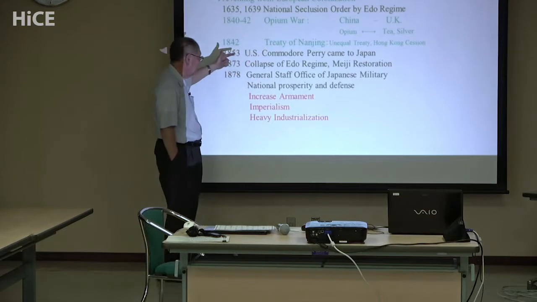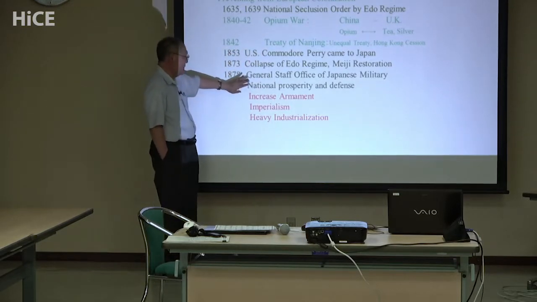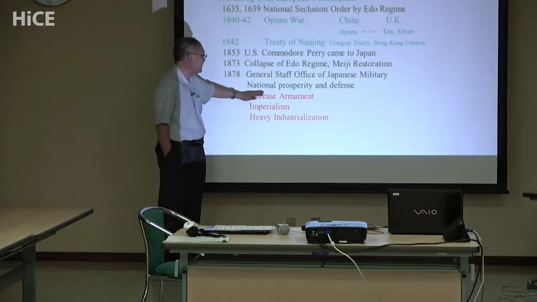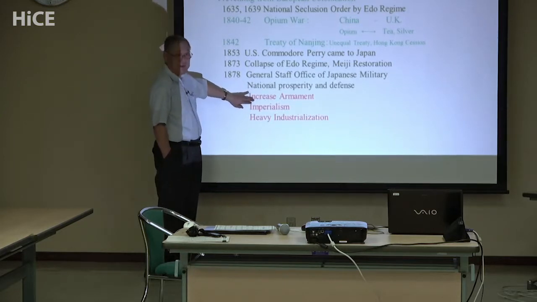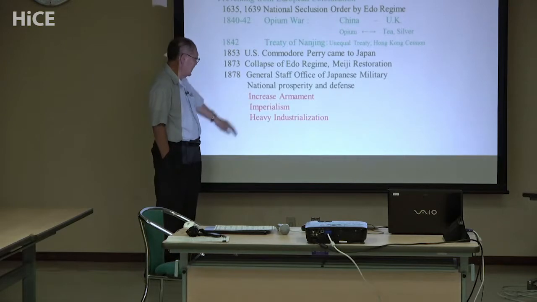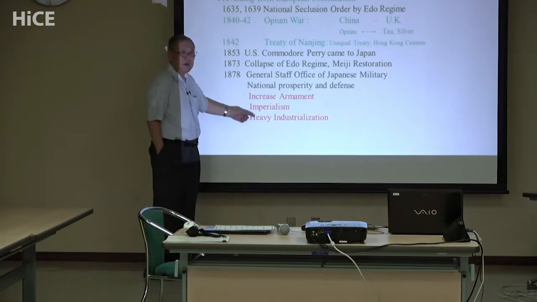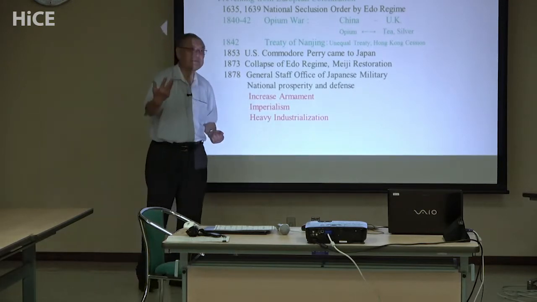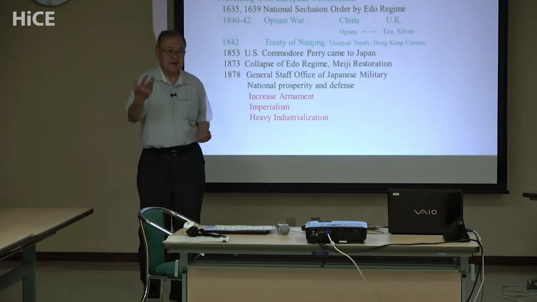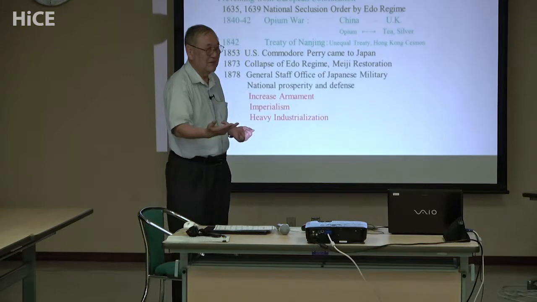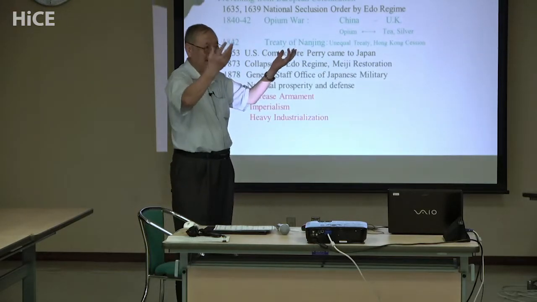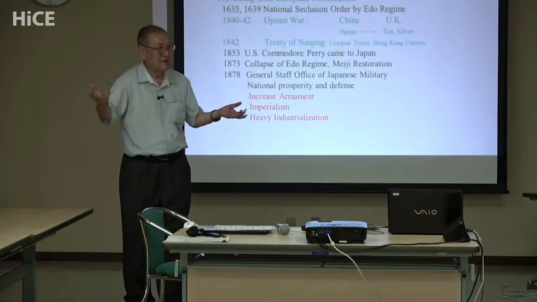Okay? And national prosperity and defense. Okay? And increased armament. And imperialism. We have the emperor, like the Tsar in Russia, you have the Tsar, and we have the emperor.